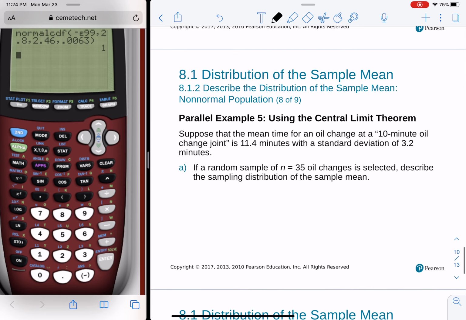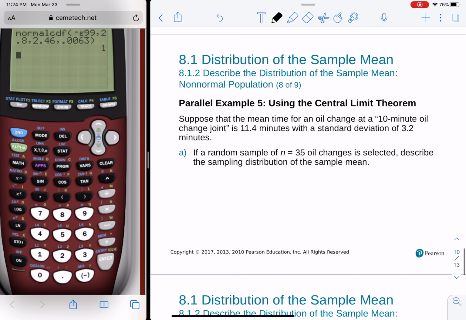So here is another example. Suppose that the mean for an oil change at a 10-minute oil change joint is 11.4 minutes with a standard deviation of 3.2 minutes.